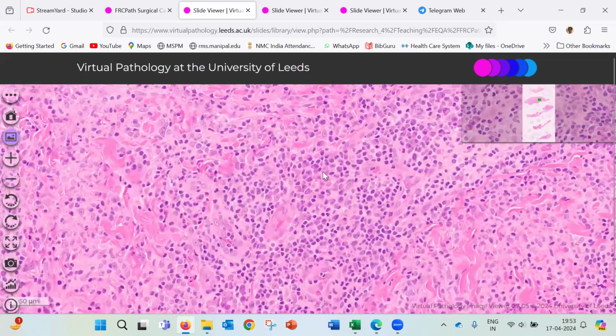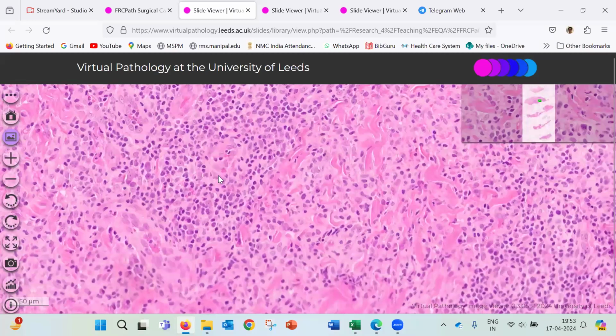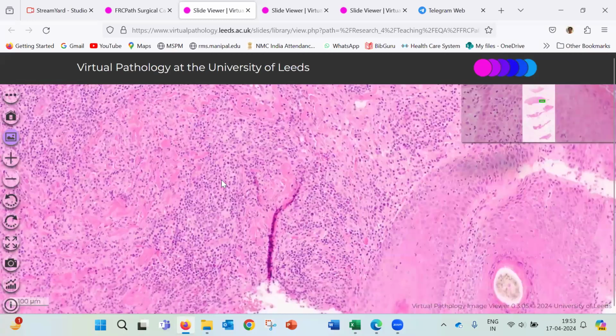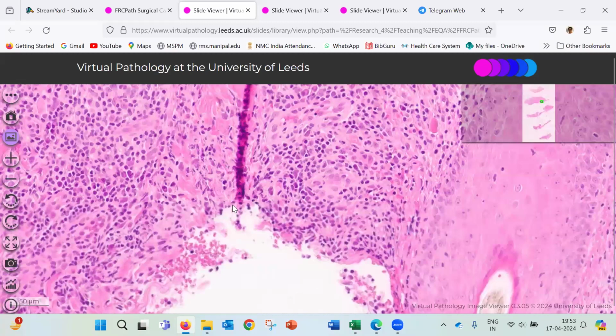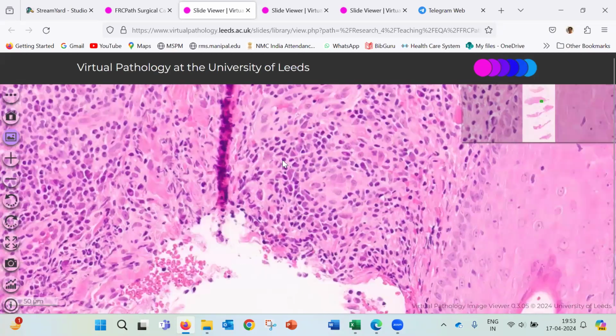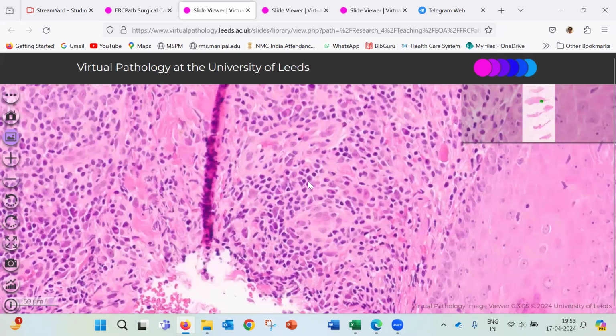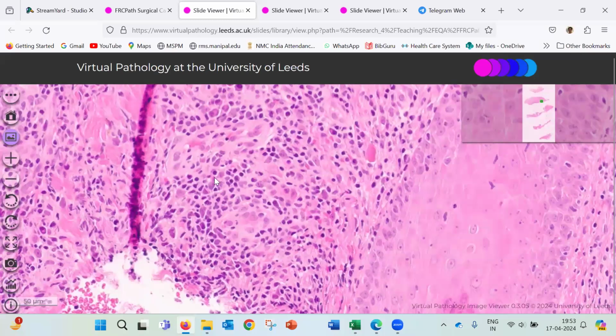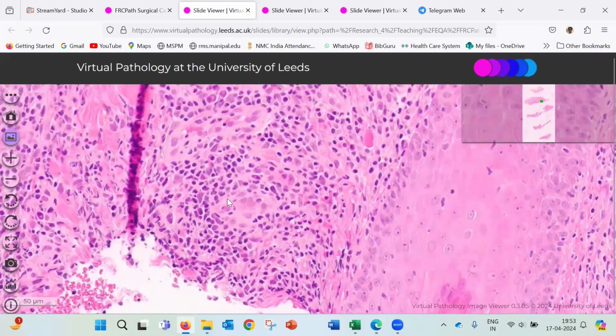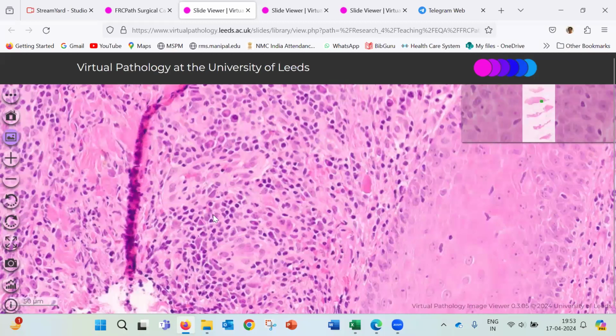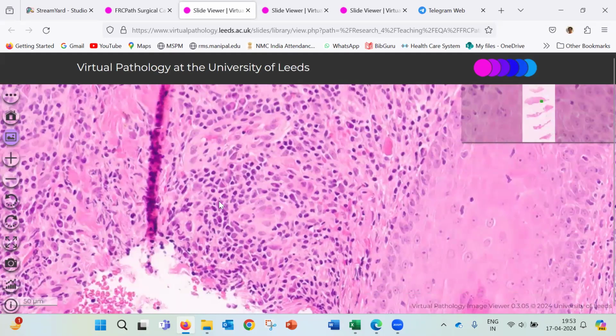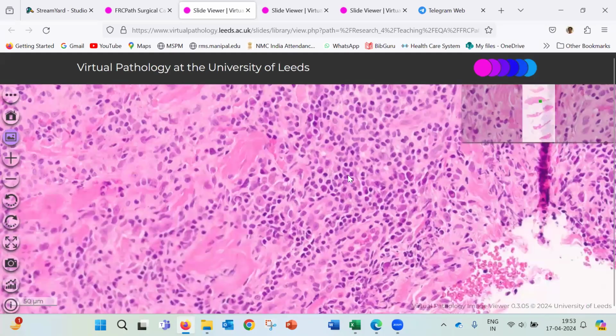You can see mostly these are plasmacytoid cells, there are histiocytes, lymphocytes, and if you go on higher magnification, you can see there is some intracellular organism. Okay, there are a few dot-like organisms mainly located intracellularly.